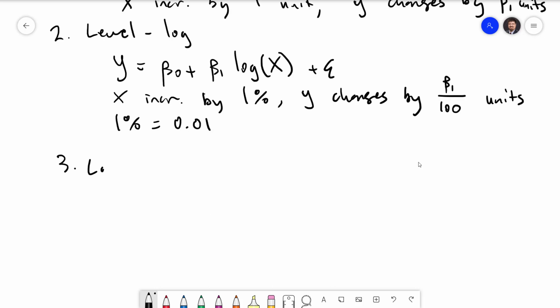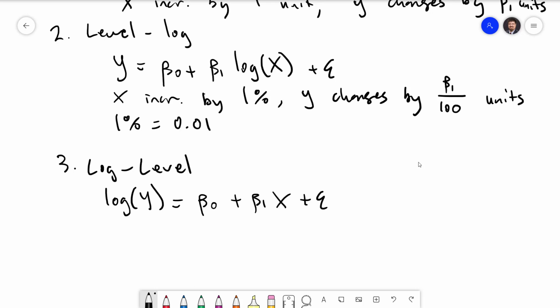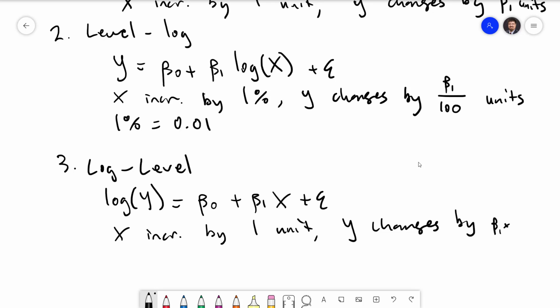Next, we have the log-level model. In the log-level model, we regress the log of y on x without a log. The interpretation here is that if x increases by 1 unit, y changes by beta 1 times 100%.